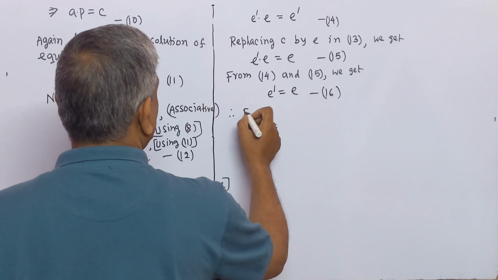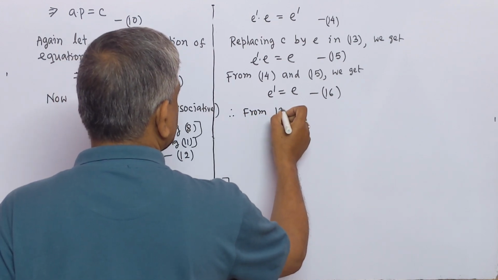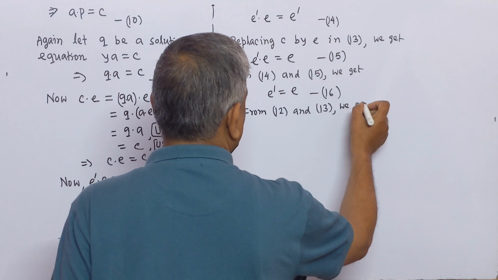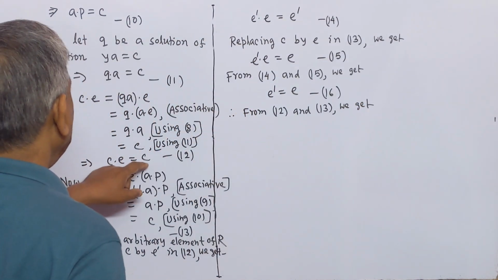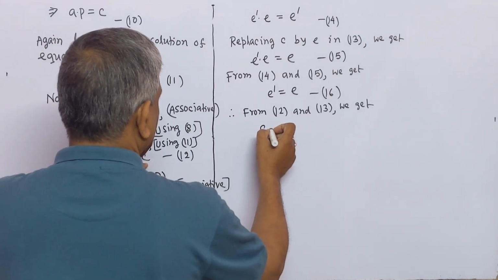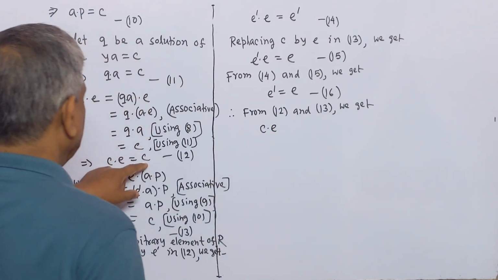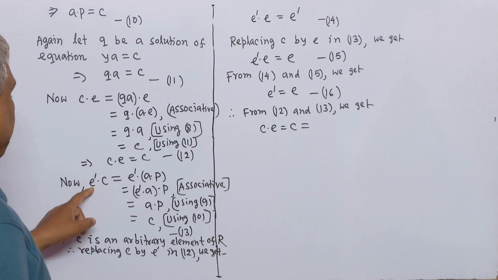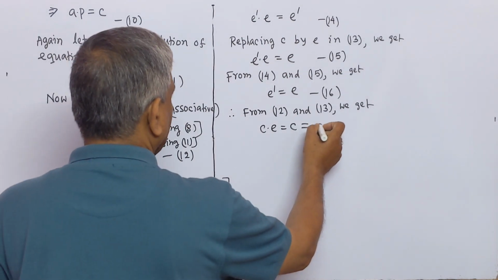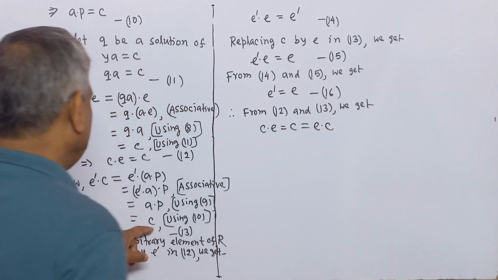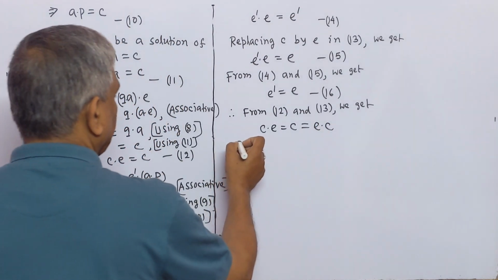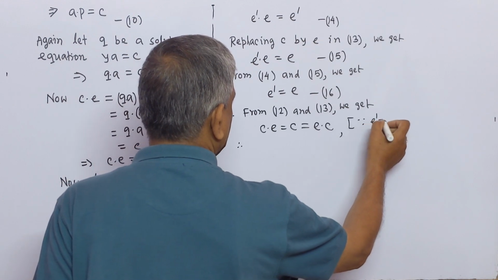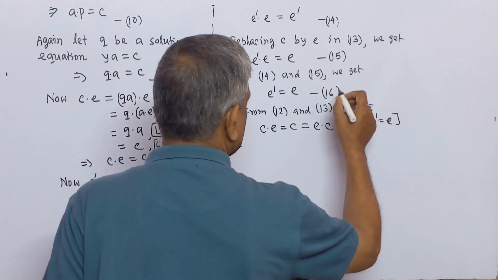Therefore from 12 and 13 we get here C E equal to C, E equal to C equal to, here in place of E prime we write E. E multiply C equal to C. Therefore E prime equal to E using 16.